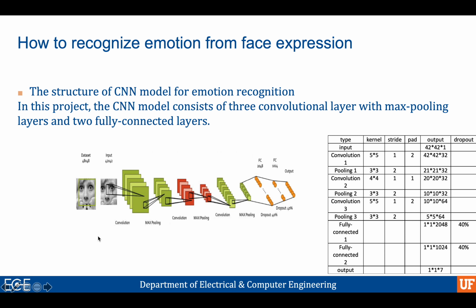The structure for this convolution neural network is shown here, and the detailed parameters are shown in this table. As we can see, we firstly have our input as an image, and the final output is different emotions with different probabilities. The higher the probability is, the more likely it is classified as this emotion.